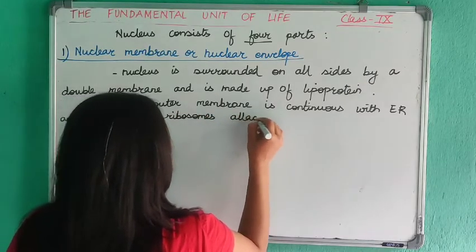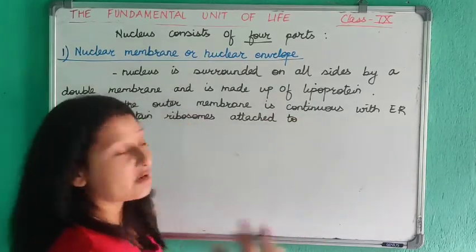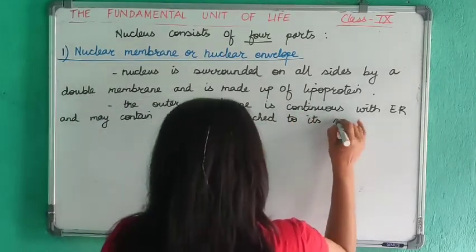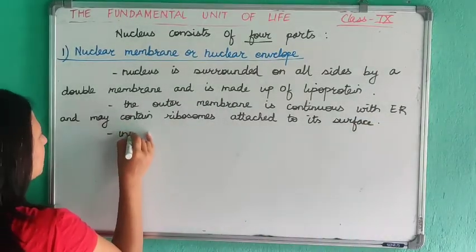So ribosomes attached भयो भने त्यसको surface मा, that means it can be rough. But the inner membrane is smooth.